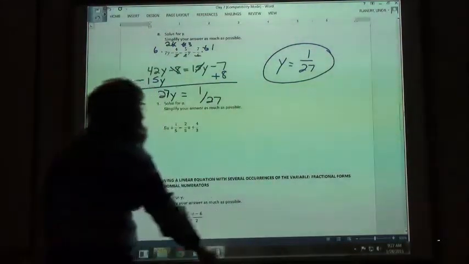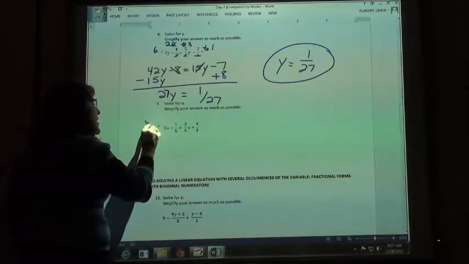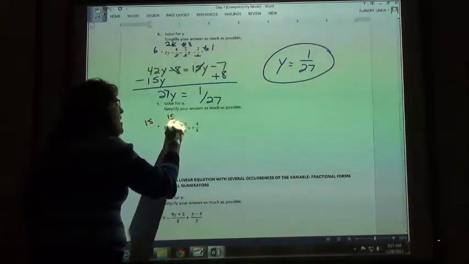So number 9, my common denominator on that one, we would use 15, because I have 5s and 3s, so 15. So I'm going to multiply each term times my 15.